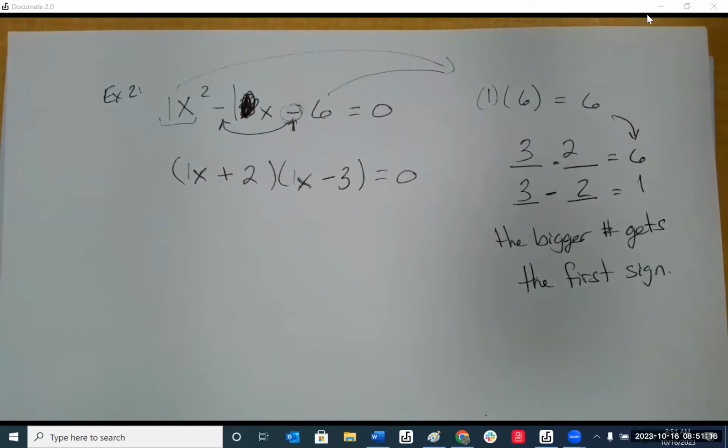Now, since it's equal to 0, take both of these equations, set them equal to 0, and solve. And those are your x-intercepts.